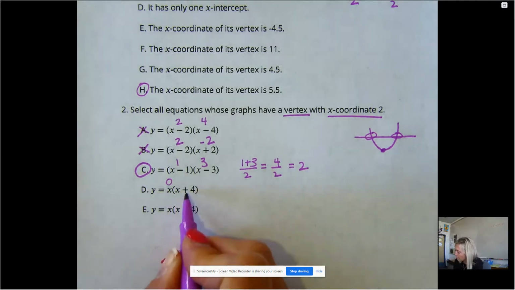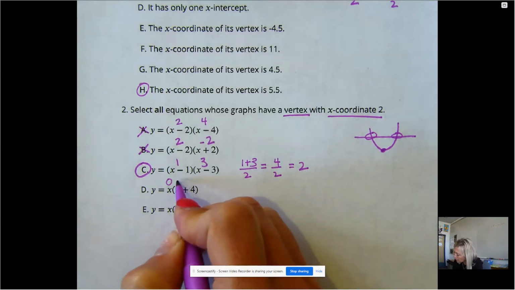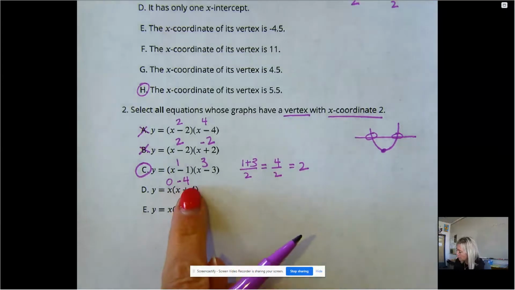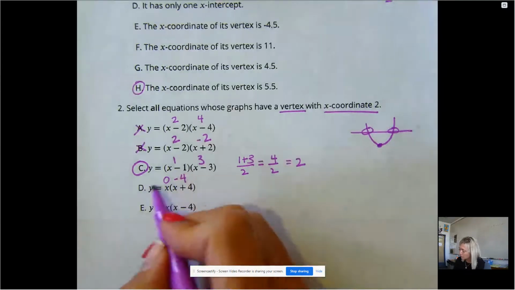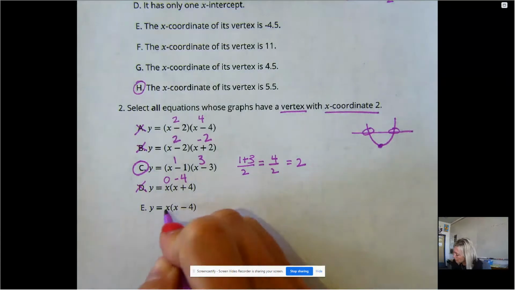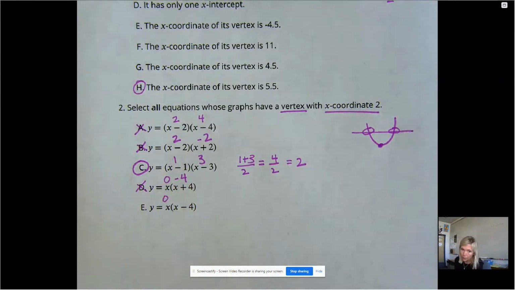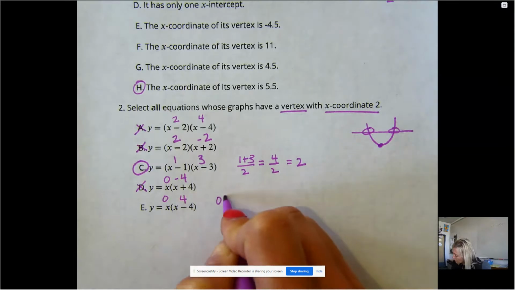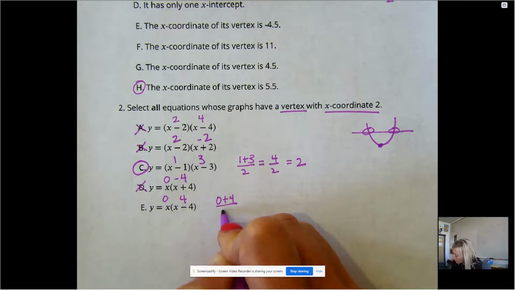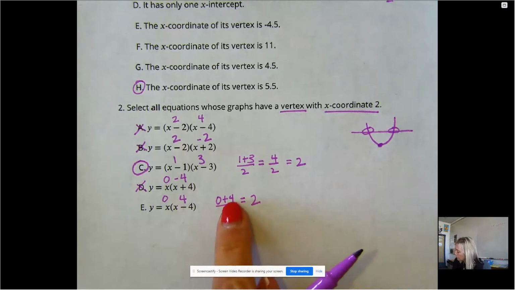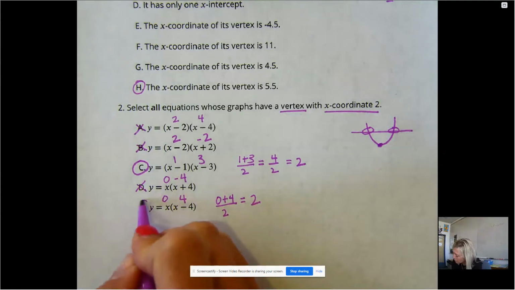And then for x plus 4, that gives me an x-intercept when x is negative 4. The middle of those two numbers is negative 2, so not positive 2. But on E, the first x gives us an x-intercept when x is 0, and then also when x is positive 4. And again, when I add these together and divide by 2, the number in the middle of 0 and 4 is 2. So select E.